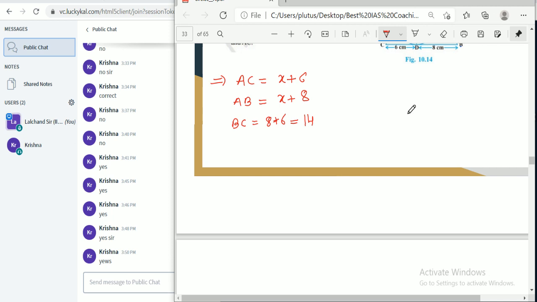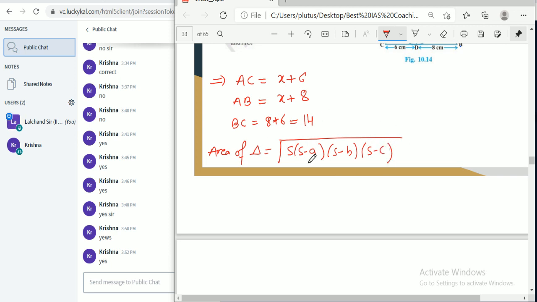So the area of the triangle is the square root of S into S minus A, S minus B, and S minus C. This is Heron's formula, isn't it? First we need to calculate S.